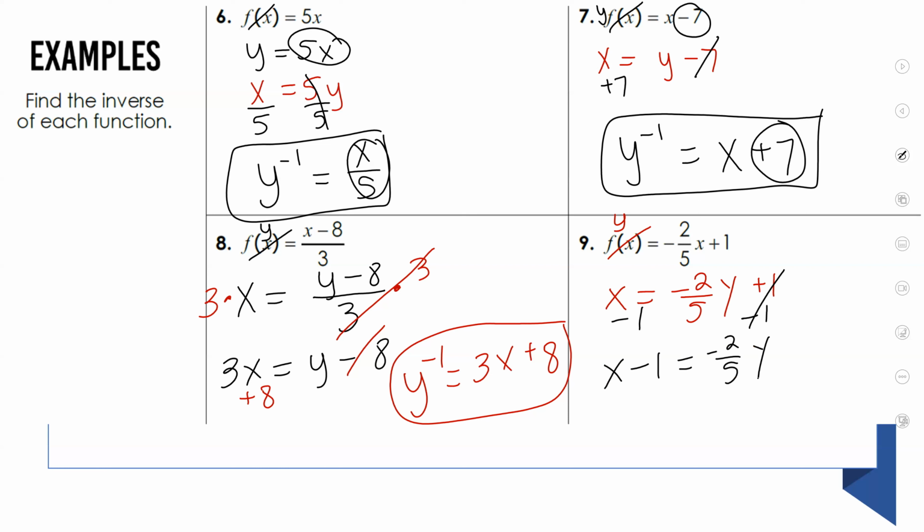And how do I get rid of this? Okay, multiply it by 5. Okay, I can do that. Multiply this side by 5. So I'm going to get 5x minus 5, because I distribute, equals -2y. What do I do now? Yep, divide by -2. Everything by -2.